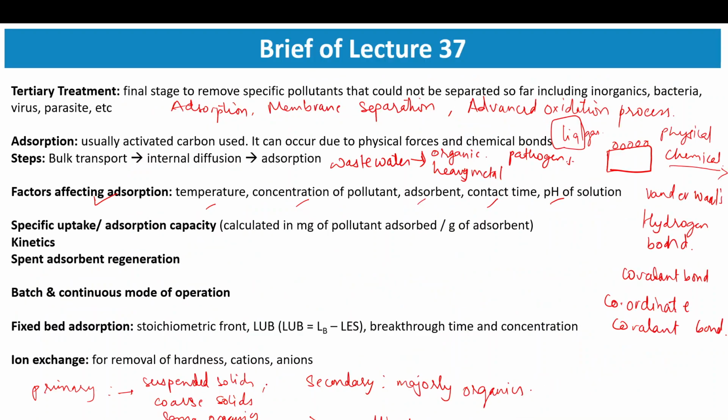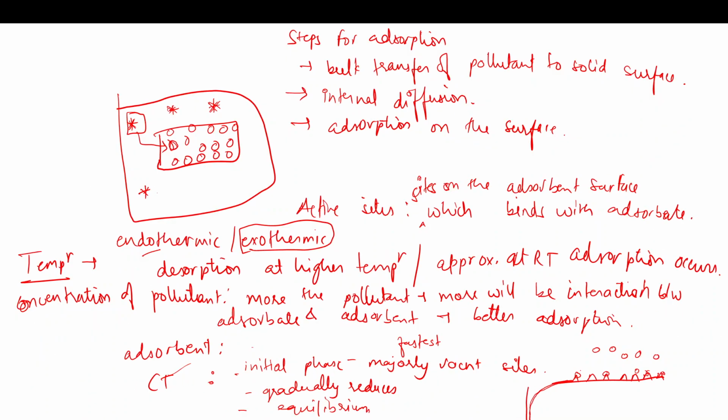And the last factor is pH of solution. So pH can affect the forces that can prevail between adsorbate and adsorbent. For example, if the pH is in acidic range, then it ensures that the surface is positive, and basic means the surface will tend to be negative.